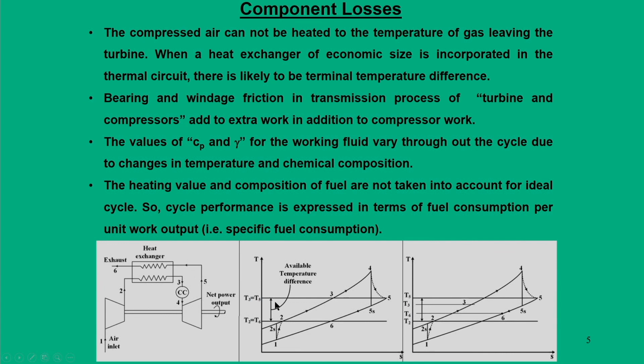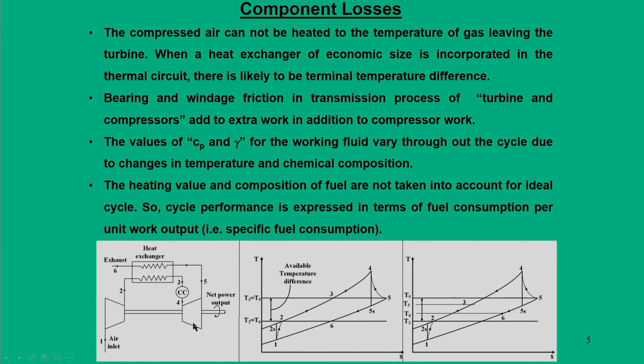The compressed air cannot reach T5 temperature, rather it terminates at T3, whereas the turbine exhaust temperature cannot reach T2, rather it remains at T6. This is where heat exchanger effectiveness comes into the picture, as there is likely to be a terminal temperature difference. Apart from that, there is bearing and windage friction in the transmission process.